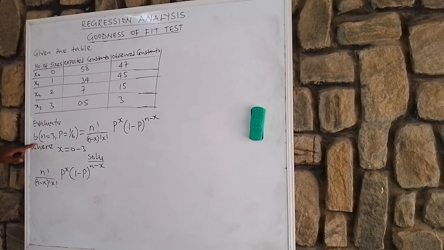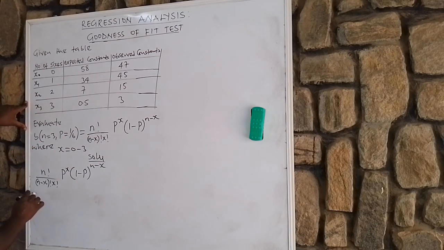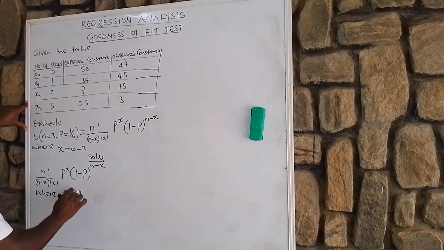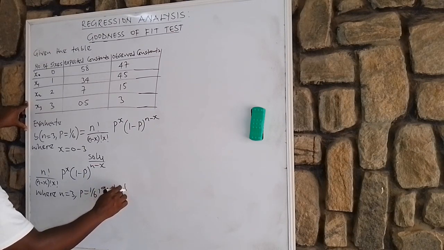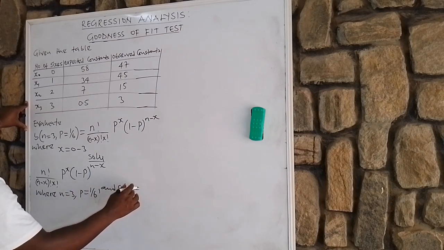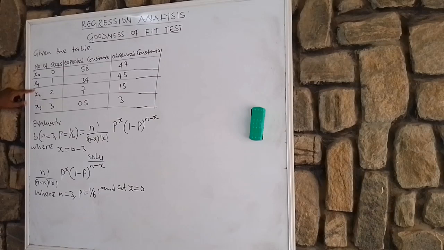When you come across this, your n has already been given: n equals 3, p equals 1 over 6, and at x equals 0.